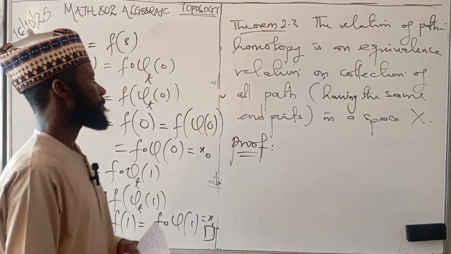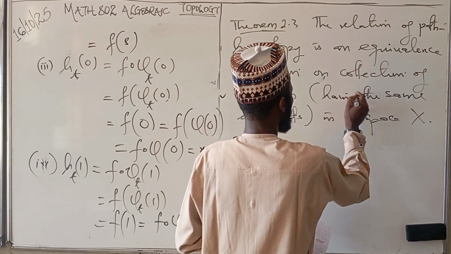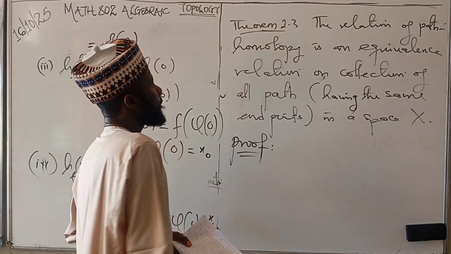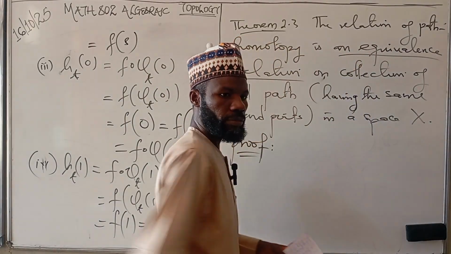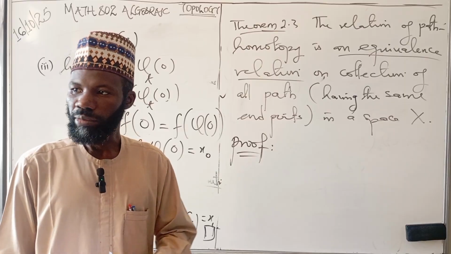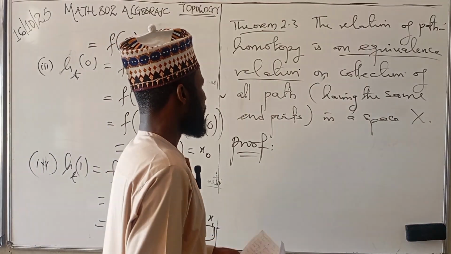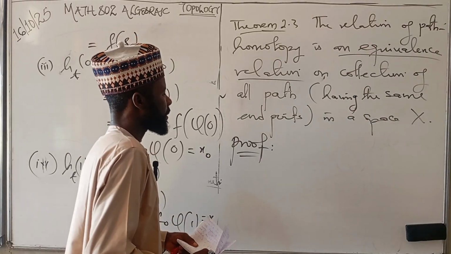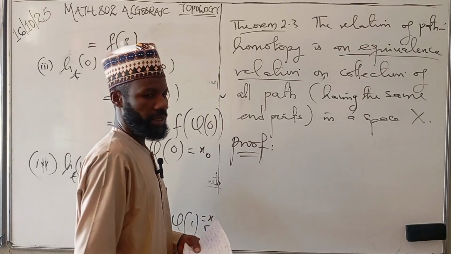We want to show that a certain relation is an equivalence relation. We have three properties to show: reflexivity, symmetry, and transitivity. Okay? But then the property of this relation being reflexive is clear.